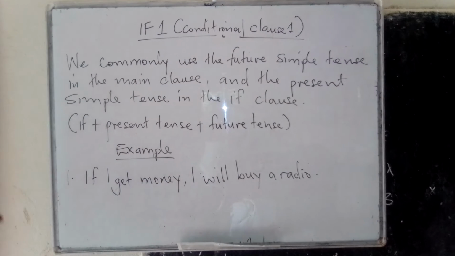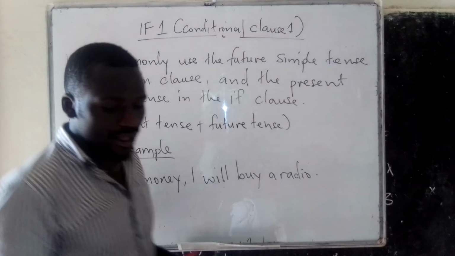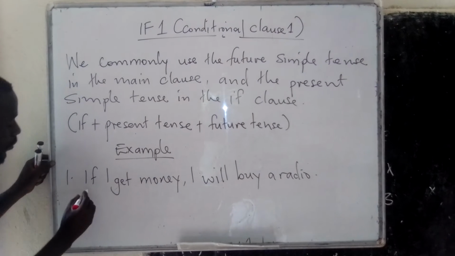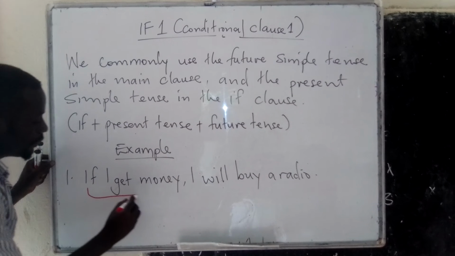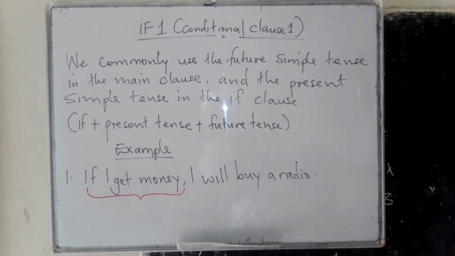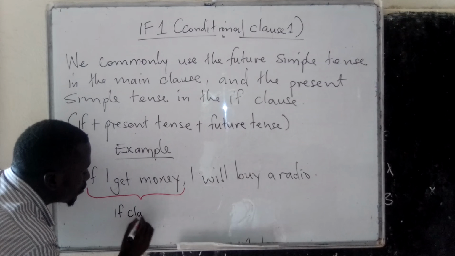So that is the sentence we have. It begins with the if clause and it ends in the main clause. Now, the if clause in this sentence here is this statement which has the if. So that is what we call the if clause.